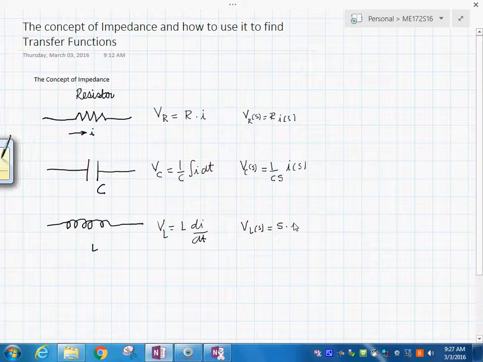This is, let's write it here, the time domain, and this is the S domain, or the Laplace domain, you could say.